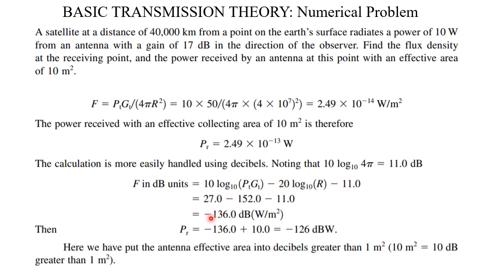So it becomes minus 136 dB watt per meter square. Original unit was watt per meter square, now it is dB. Then received power becomes minus 136 plus 10, so minus 126 dB watt. So calculation becomes very easy. You can do it by yourself without using any sort of calculator. But for this case, you have to use a calculator. Okay.